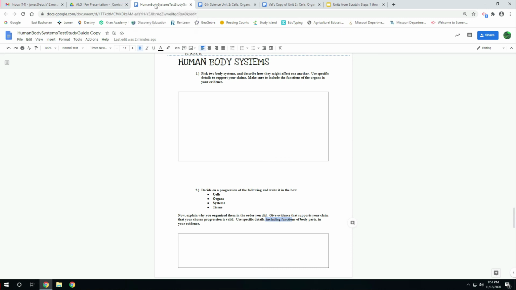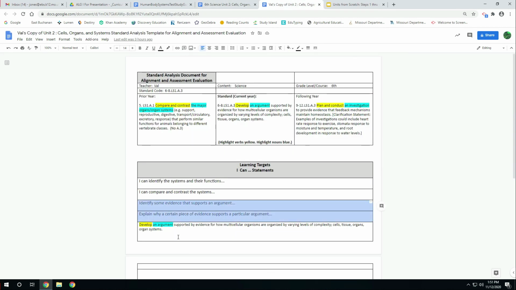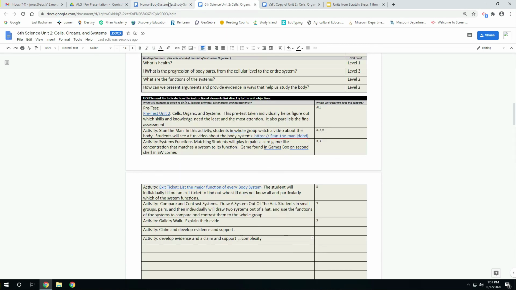So I feel like there's a really good internal alignment between my verbs: develop and support with evidence, develop and support with evidence, and develop and support with evidence. So that's called internal alignment, and I would do that for all of my standards. So that's how we do it.